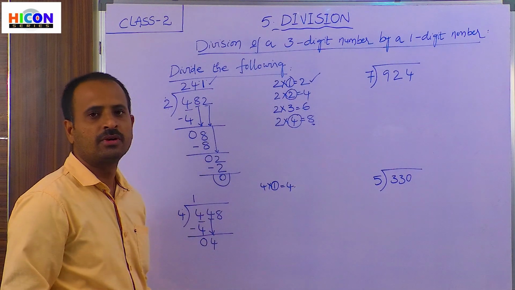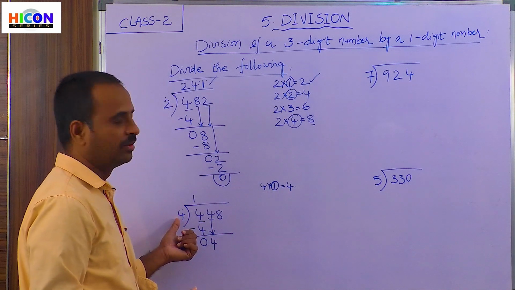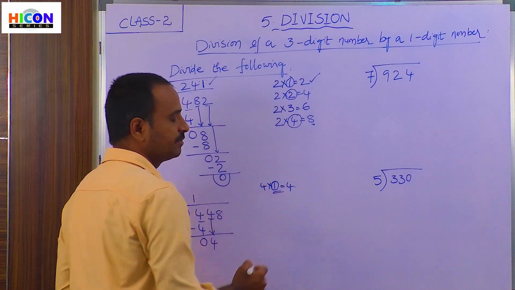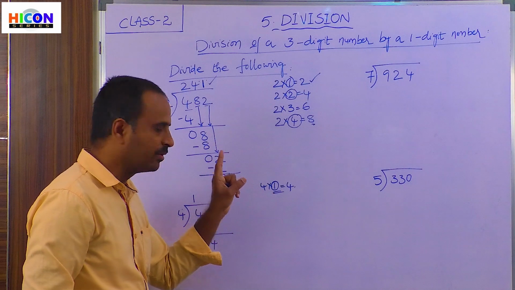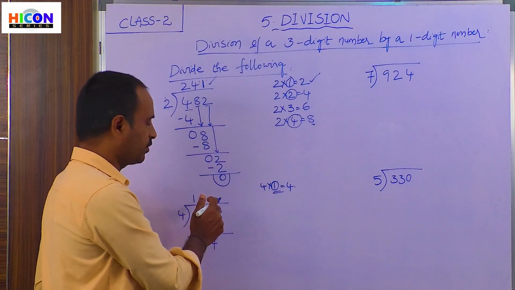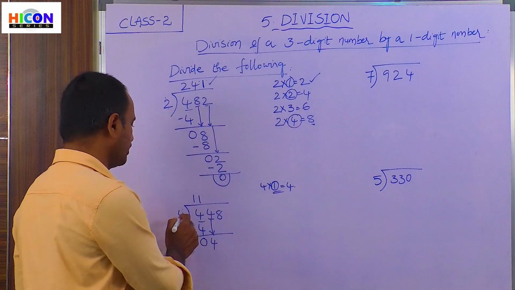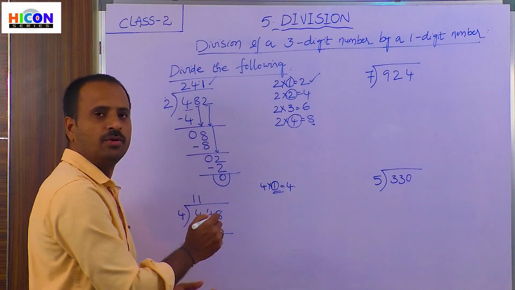So the number becomes 4. 0, 4 means 4. Now again let us find when did the number 4 come in the fourth table. The number 4 comes in the fourth table if you take 1 time. 1 times 4 is 4. So that's why we have to take 1 time to get the number 4. So write 1 in the quotient beside 1. And again multiply these two numbers, 4 and 1, that is 4 into 1, 4.